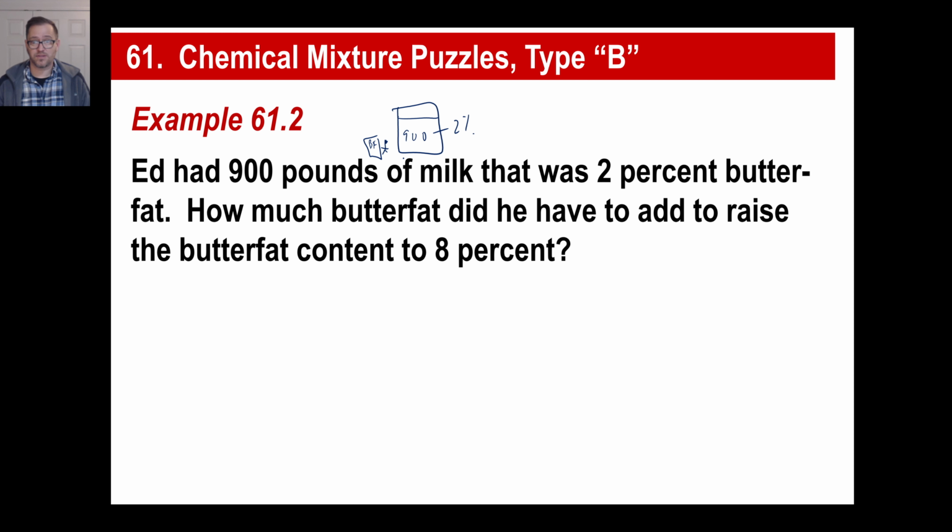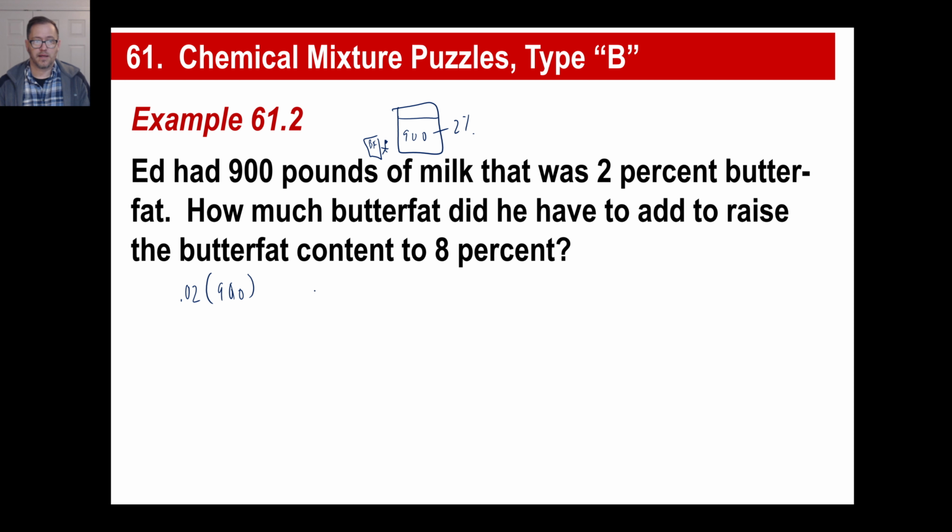So this is an addition problem. Let's start with this. The dude has 900 pounds of milk that's 2% butter fat. How do you write that as some part of an equation? He's got 900 pounds, 2% butter fat. You're going to write 900 times 0.02. Don't put 0.2, that's 20%.